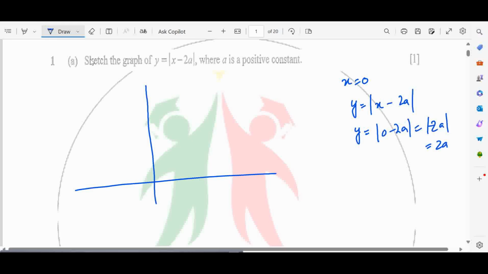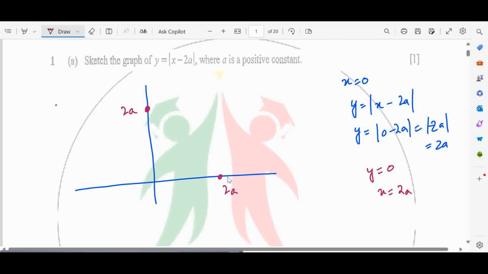So when x is 0, y is 2a. This point is 2a. And now when y is 0, x will be equal to 2a. That is why this point will also be 2a.